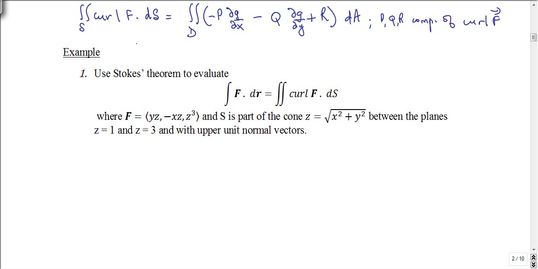And then let me also write the definition of curl F. We need that.